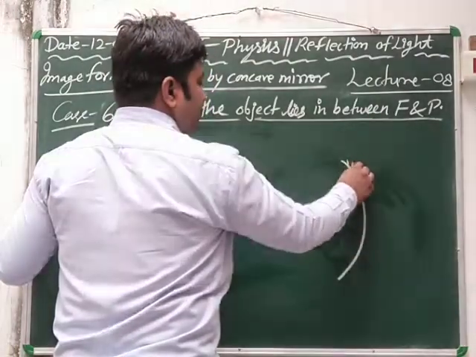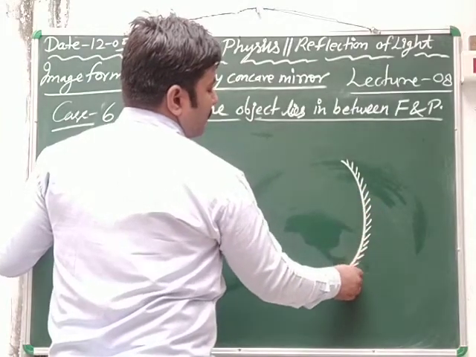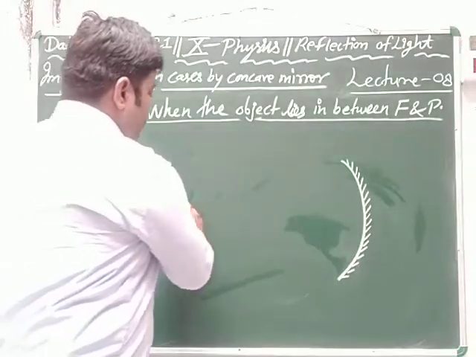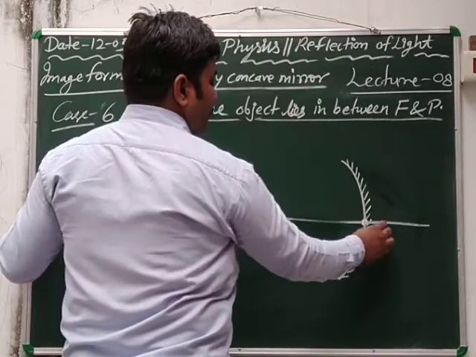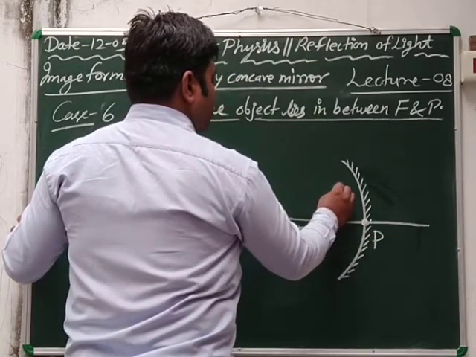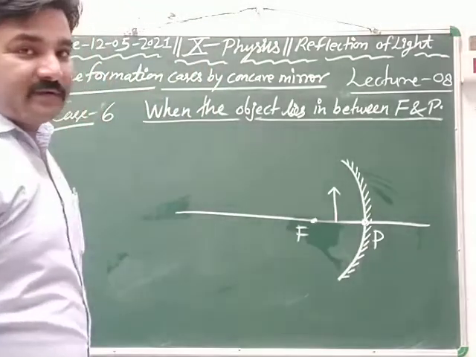This is the concave mirror. And in the concave mirror, this is the principal axis, and here pole, and this one is focus. The object lies between pole and focus, anywhere.